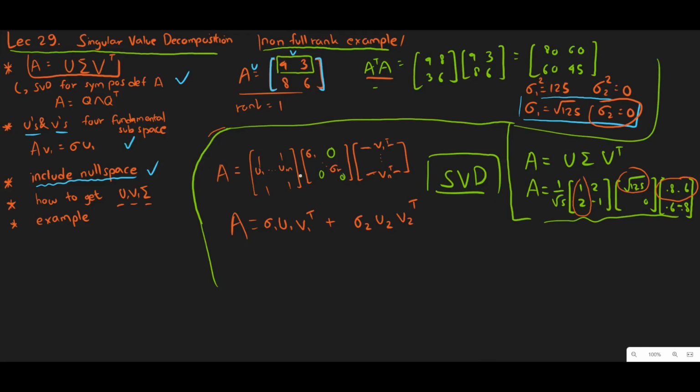So if I put that into some general form notation, I have my first U1, the first column in the U matrix, and I multiply it by sigma and times the row vector. So this is column times row vector, so I will end up with a matrix. And then the second one is the same thing. Column times row, and this is all a rank 1 matrix, right?